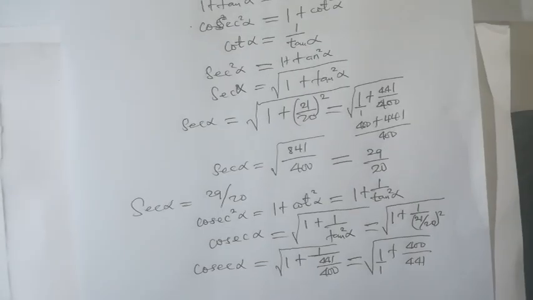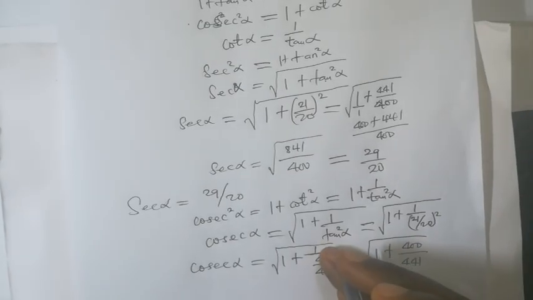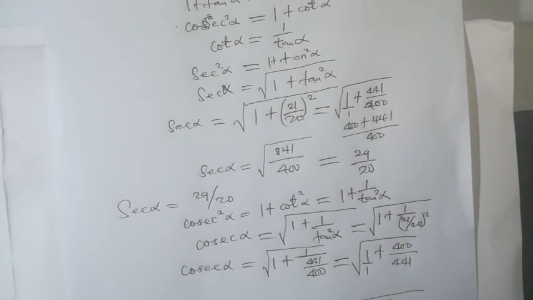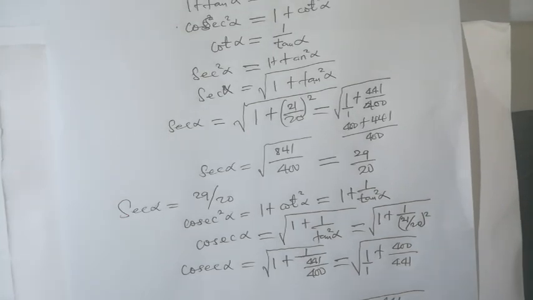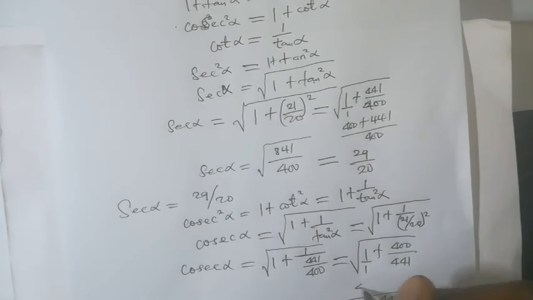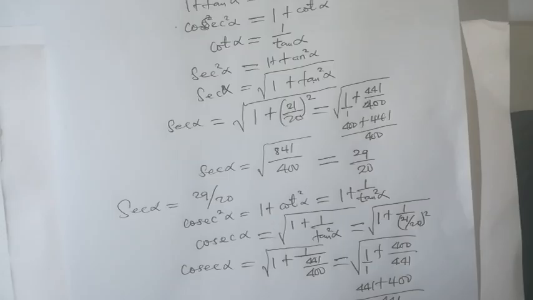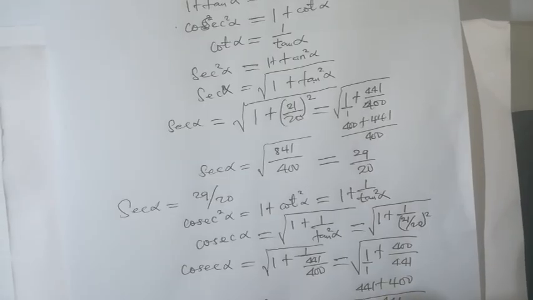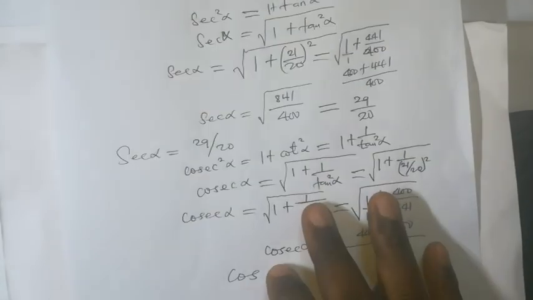Let's also get the LCM, which is 441. 1 times 441 is 441, plus 441 into 441 is 1 times 400, which gives 400.